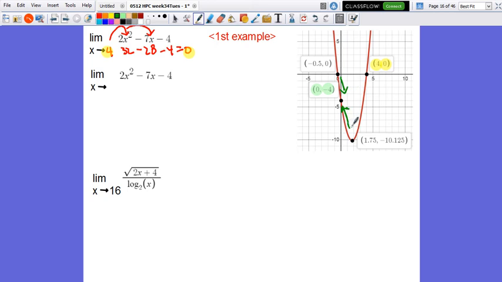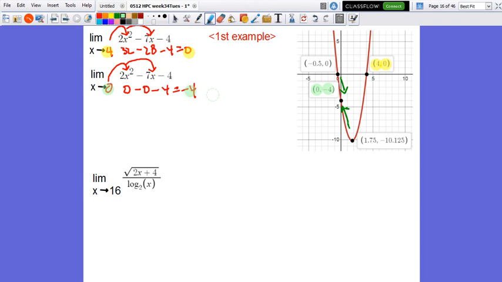As x approaches 0 from the right hand side and 0 from the left hand side, what does y approach? You can see that it approaches -4. Again, if no graph was available, you can literally just plug in the 0 here, and you would get 0 minus 0 minus 4, which equals -4.